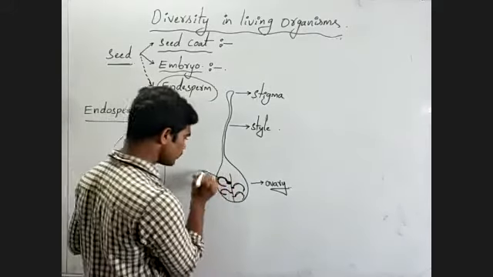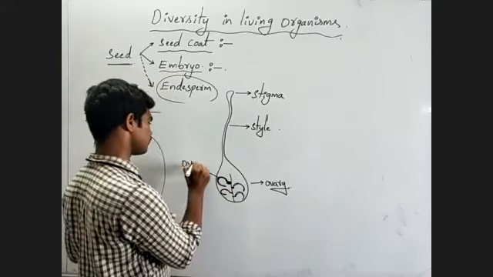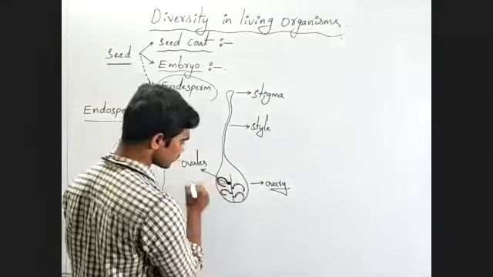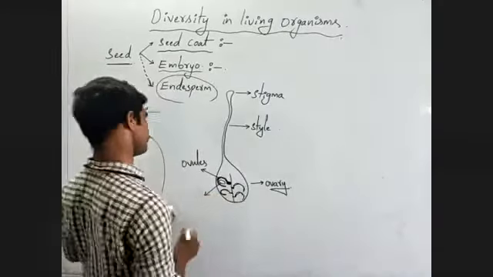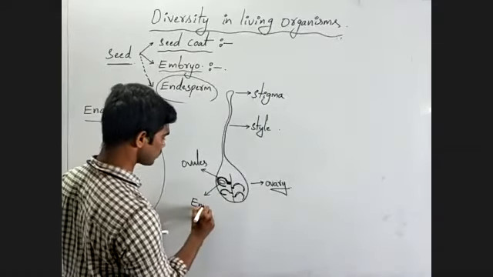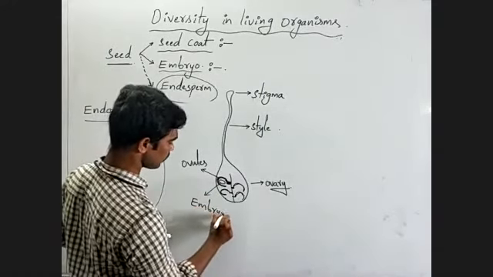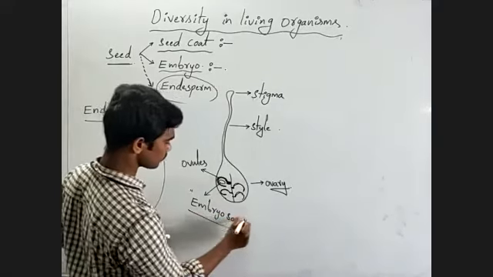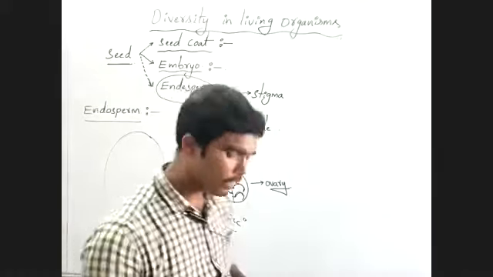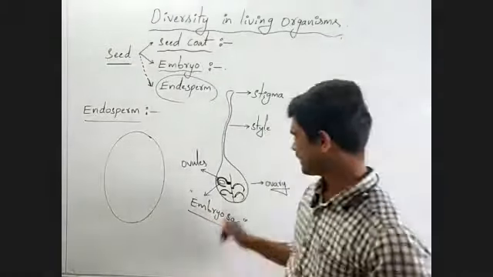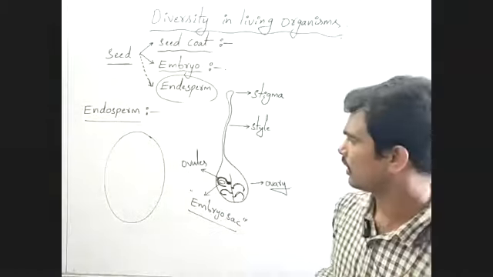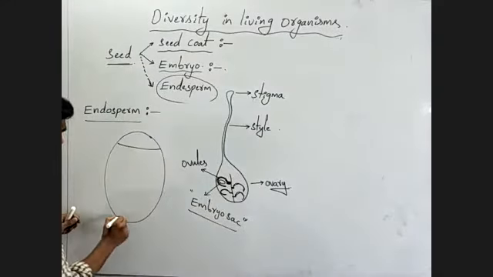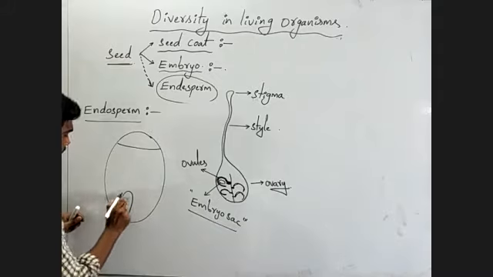Inside of this ovule, these are the ovules, a small region, a part is present. That is the embryo sac. When we observe the embryo sac here, antipodals are present here, egg cell is present.